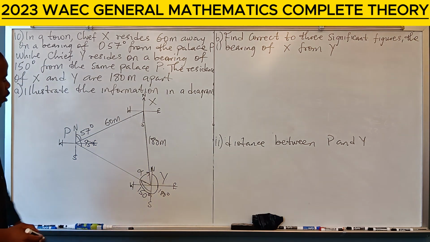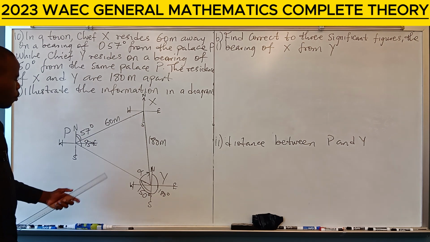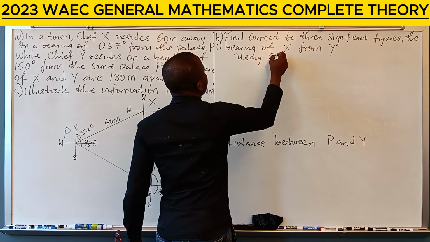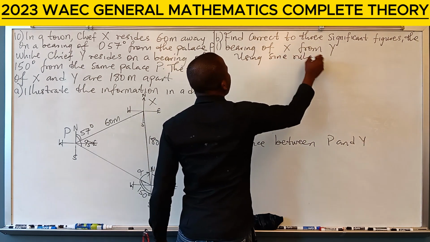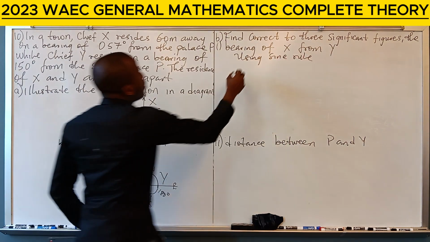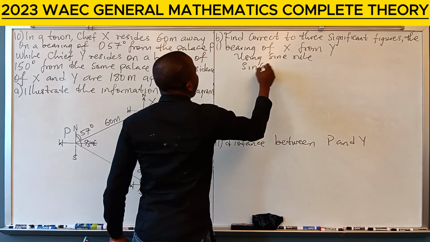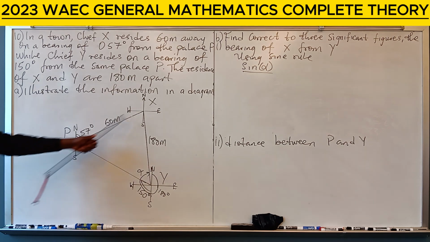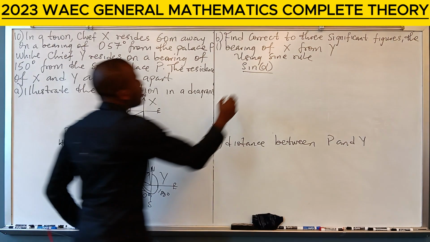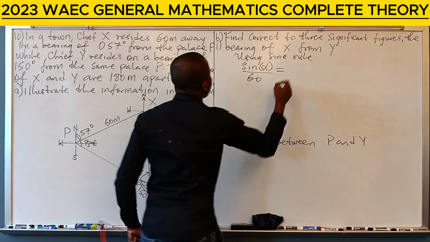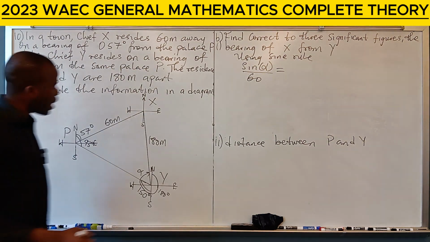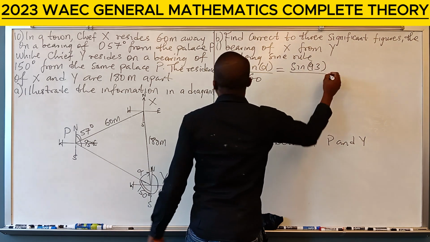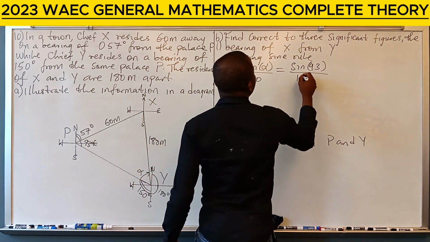How do we get this angle? We can use sine rule. So using sine rule, sine alpha over the distance opposite it, which is 60 meters, equals, we know this, sine 93 over the distance opposite it, which is 180.